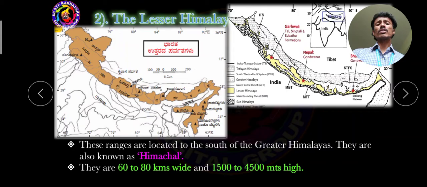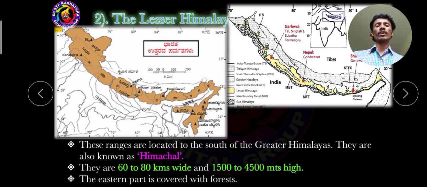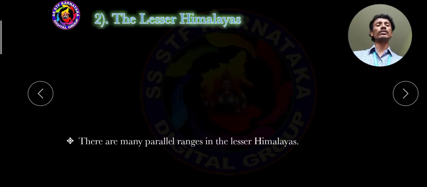They are 60 to 80 kilometers wide, and 1500 to 4500 meters in height. The eastern part of the Lesser Himalayas is covered with forest.